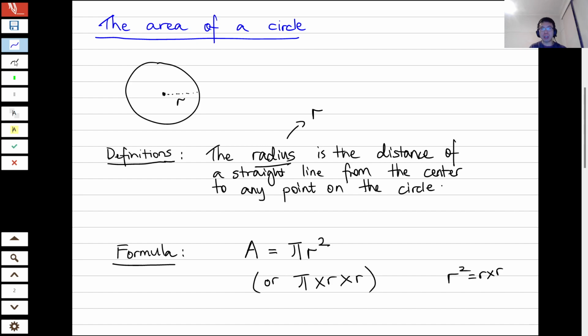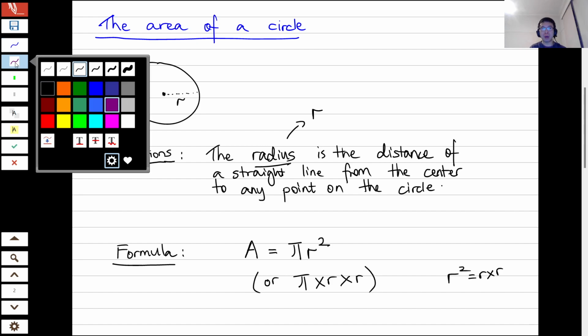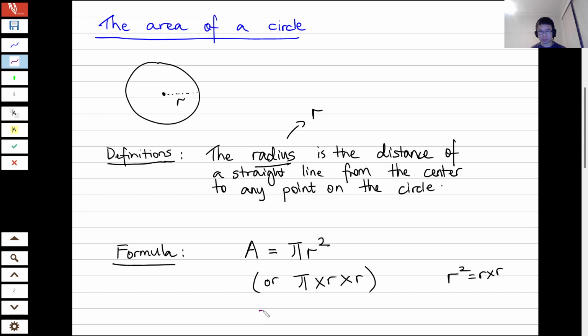Now I need to make a few comments about this number pi because I know it's a bit mysterious. If you take a bit more mathematics after school, you'll learn about where this number comes from. But for us, pi is just going to be a number given on our calculator.